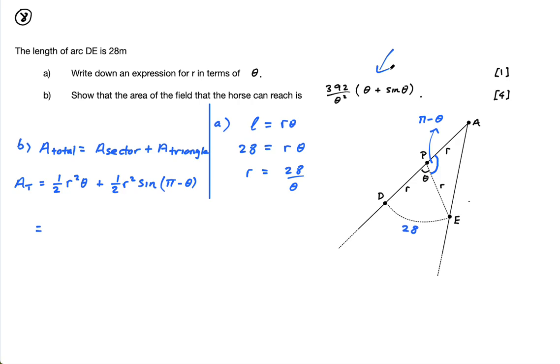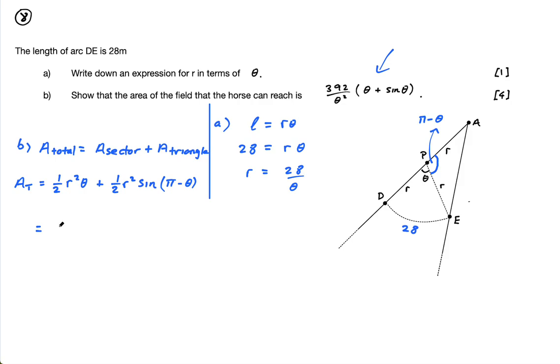How do we do that? Obviously there's no r in this. This is just in terms of theta, and in part A we wrote r in terms of theta. So I'm going to change this r into 28 over theta.